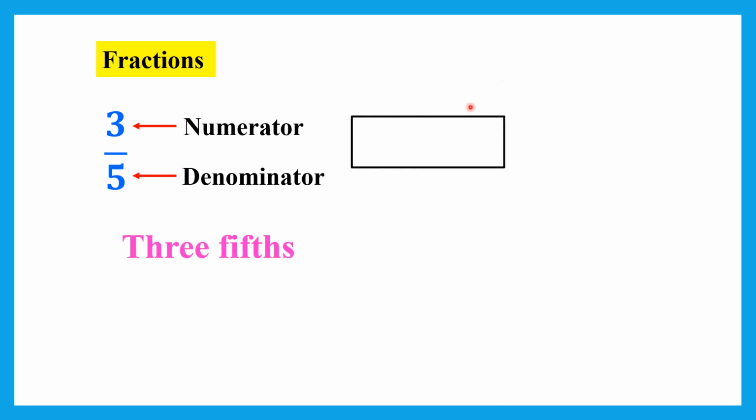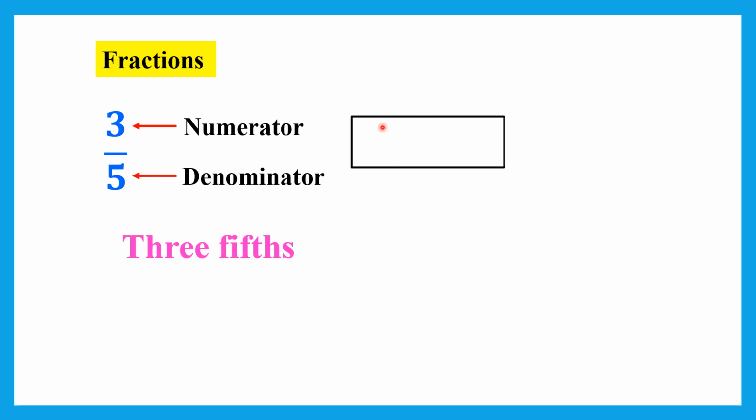Now I am going to represent this fraction in a figure. Now I have a rectangle and I want to represent this one. First thing is we have to divide this into 5 parts because the denominator is 5. This 5 represents the number of parts that should be divided.